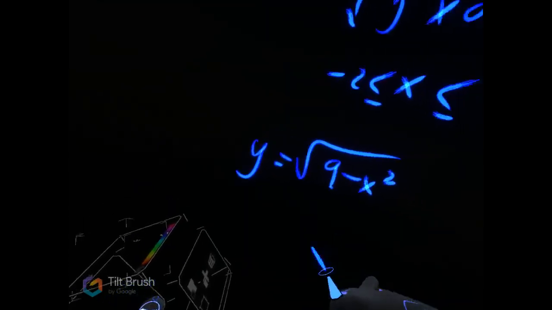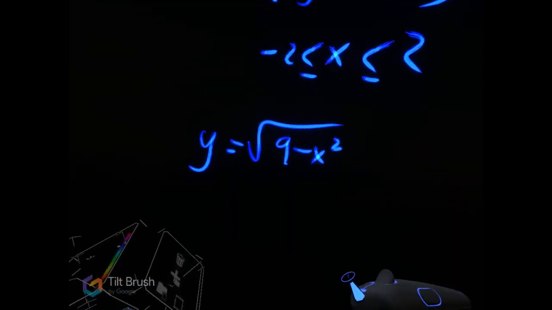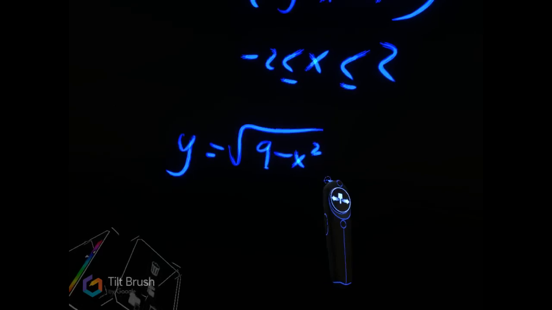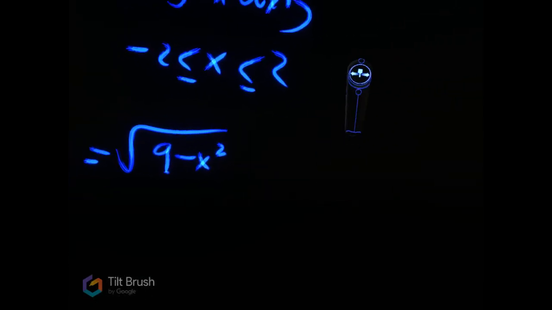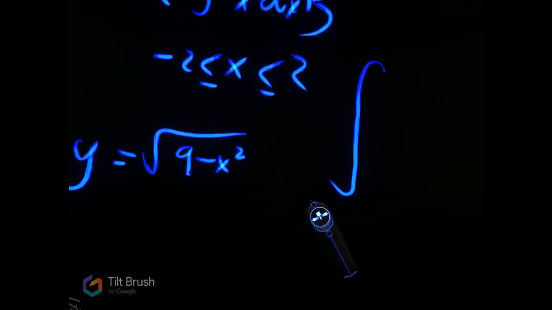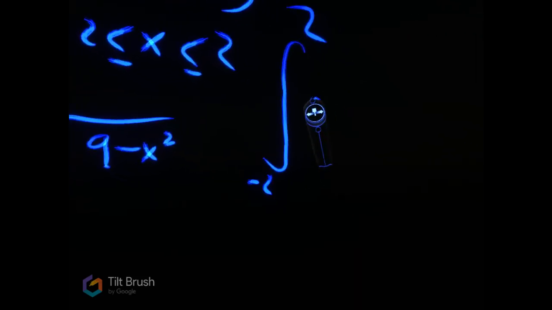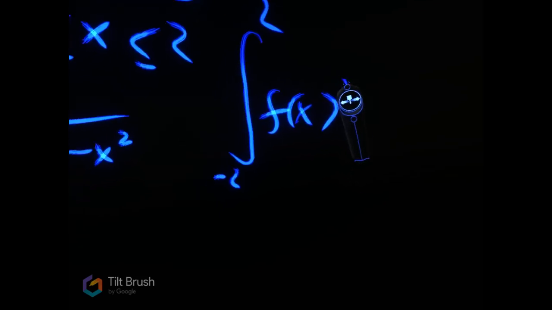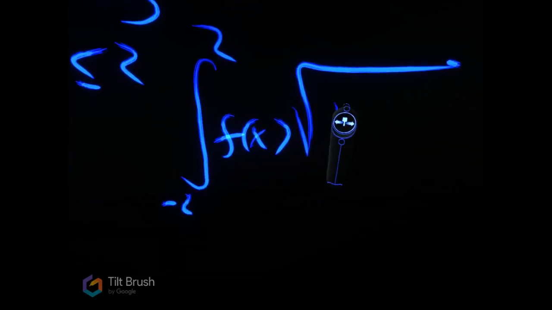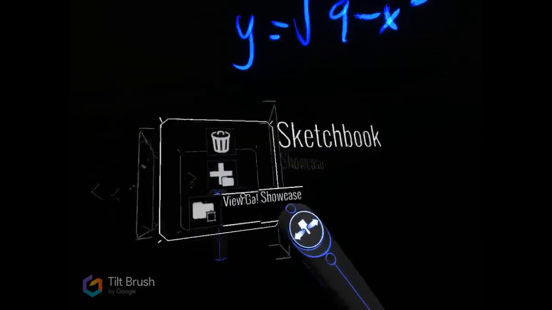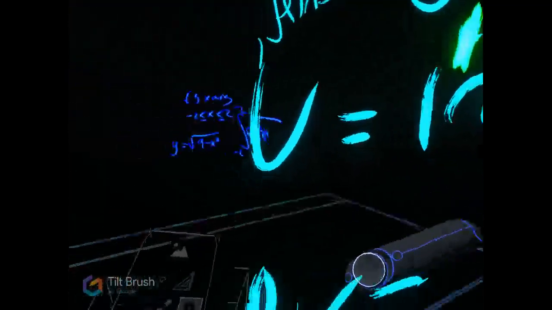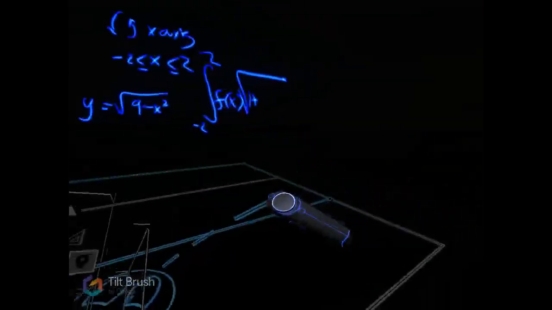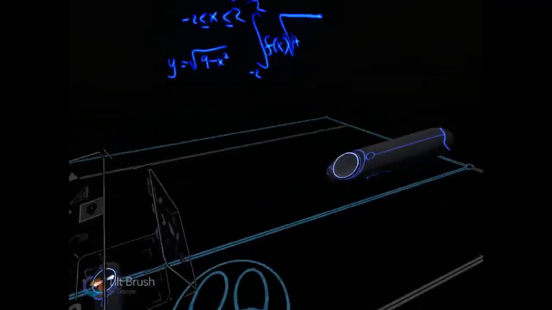If I remember correctly, it's something along the lines of, you want to do the integral from -2 to 2 of f of x times the square root of 1 plus, I'm running out of room. So I want to put myself back a little bit. Forward a little bit. Back a little bit. Too back.